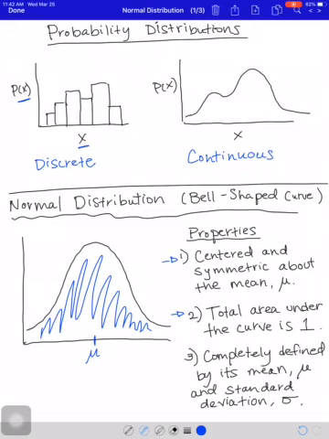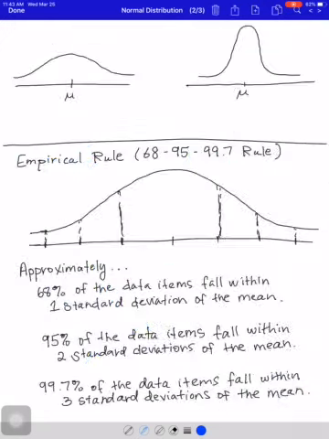Also, the last property is that a normal distribution is completely defined by its mean mu and its standard deviation sigma. So for any mu and sigma that you can think of, there is a normal distribution associated with it. At the top of this page, we have a couple of examples of two different normal distributions.